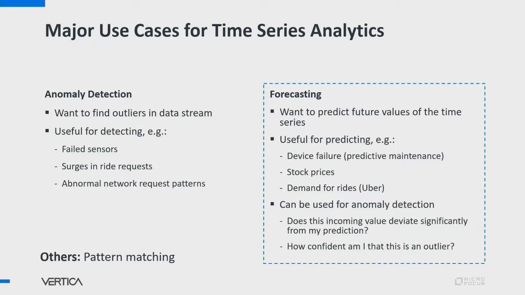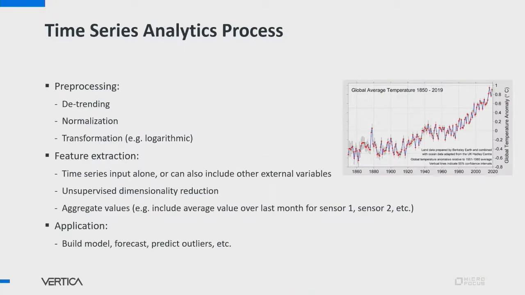So whenever we are doing a time series analysis, there's usually a certain process that is being followed. You do not necessarily do all the steps, but most of the analysis would cover these in some way or another. So usually what you do is you get a time series and you do some pre-processing on that. It would be very rare that you'll find a time series that wouldn't have any trend at all.